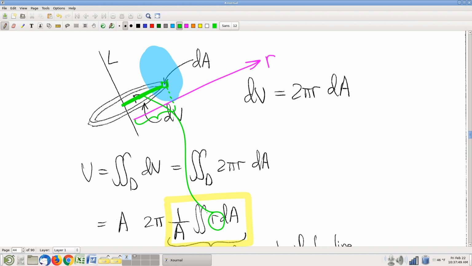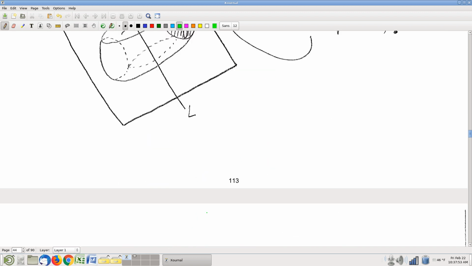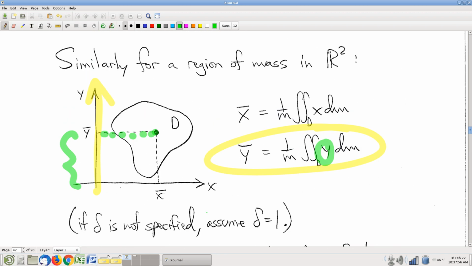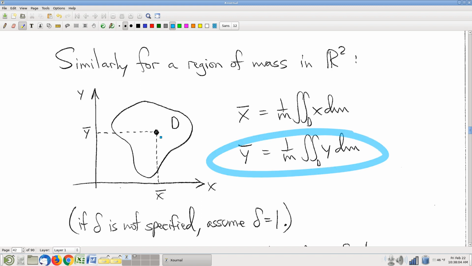It's just a coordinate along an axis that we hadn't noticed yet. So in the same way that this y bar formula here gives us the distance from the centroid to the axis perpendicular to the y-axis.